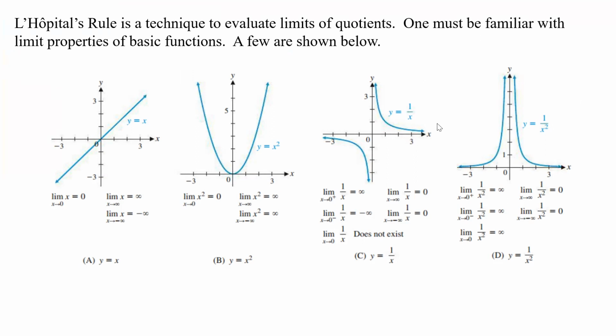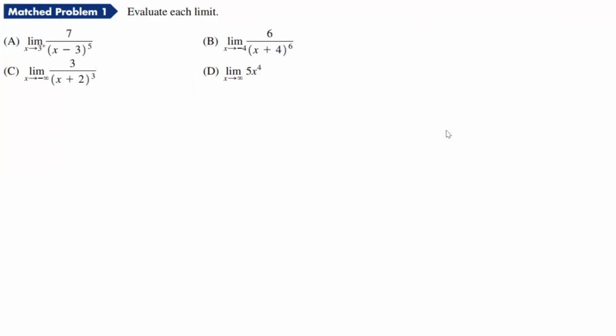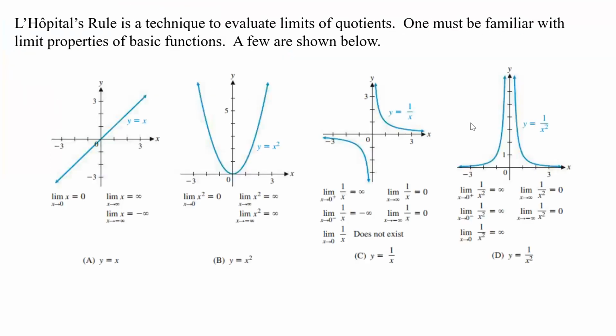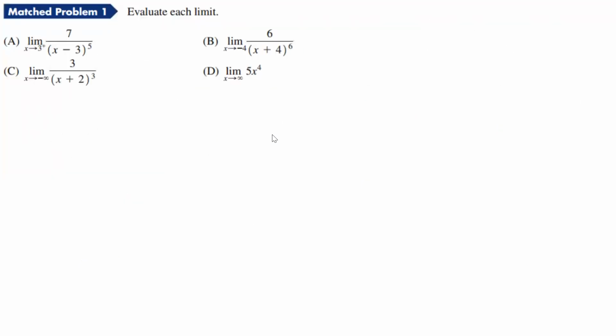When we come from the right side, it's going to come up here and go up to positive infinity. So for A, we're going to compare to 1 over x shifted to the right, because that's what the minus 3 does. That limit is going to be infinity.